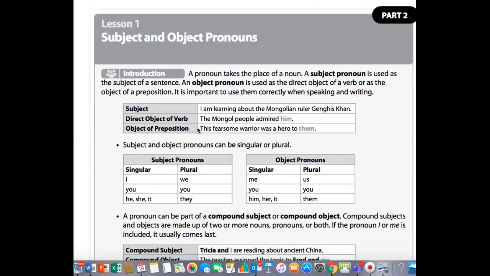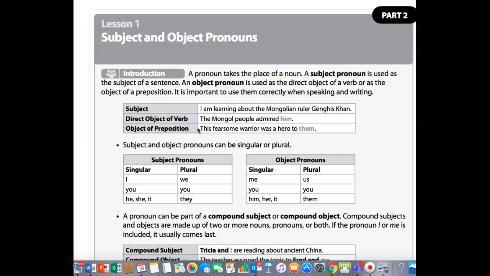Okay, it's subject and object pronouns. All right, so it says a pronoun takes the place of a noun. We know that. A subject pronoun is used as the subject of a sentence. An object pronoun is used as the direct object of a verb or as the object of a preposition. It is important to use them correctly when speaking and writing.